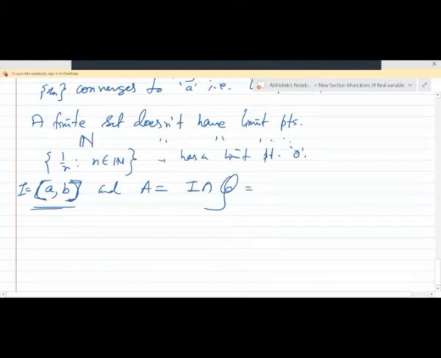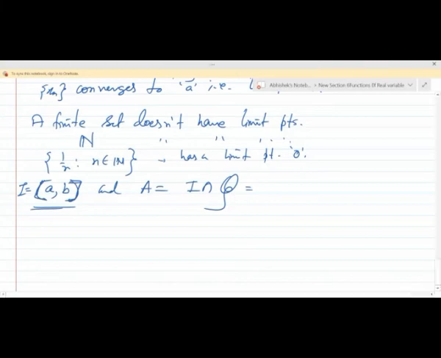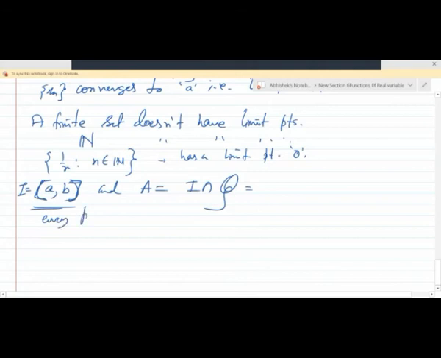Then using the density property of the set of all rationals, you can say that every point of I is a limit point of A. So this is the set of all rationals in I.